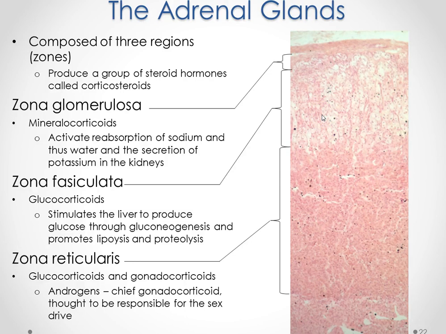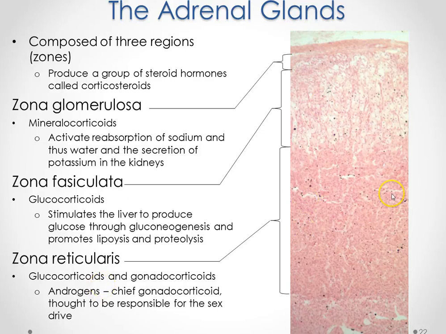These types of hormones are going to stimulate the liver to produce glucose through a process called gluconeogenesis. Glucocorticoids are also going to promote lipolysis and proteolysis. This is going to be the breakdown of lipids and also the breakdown of proteins into smaller structures like amino acids.